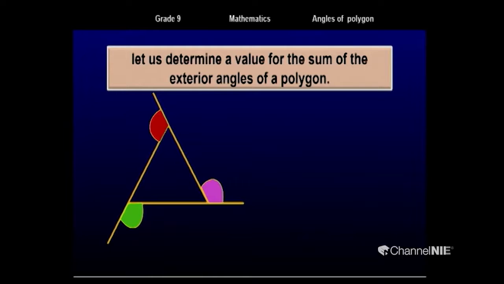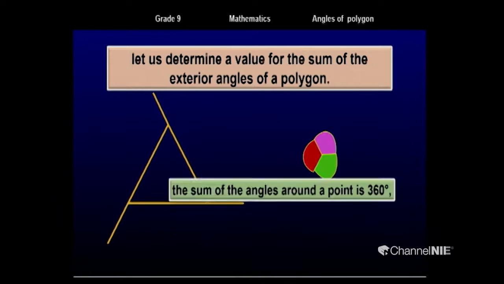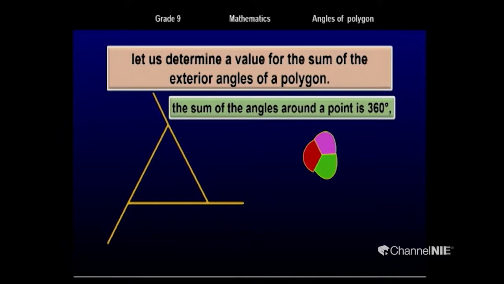Okay. Then cut these angles and mark a point on your piece of paper and paste them like this. What happened to it? The sum of the angles around a point is 360 degrees.